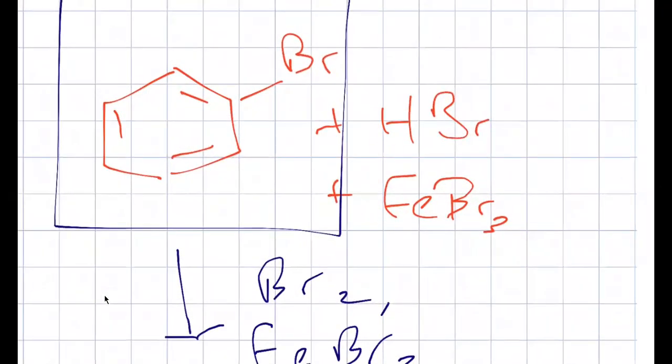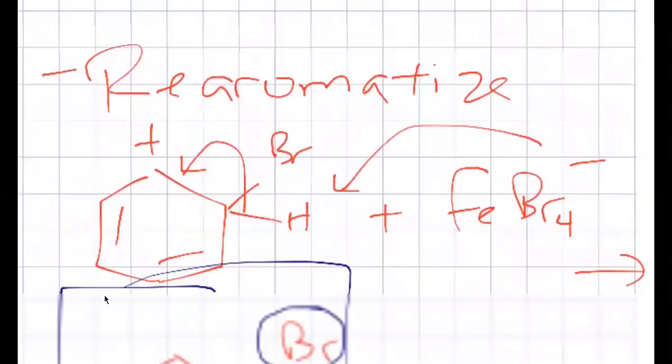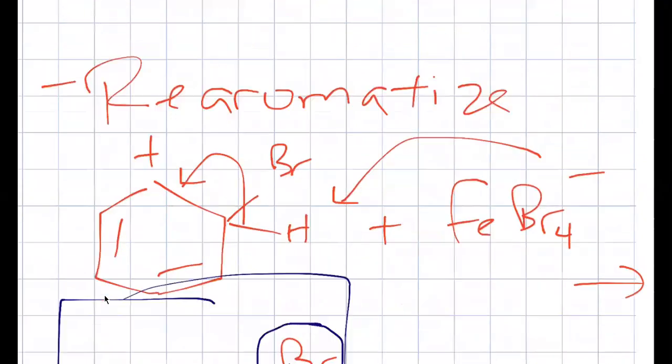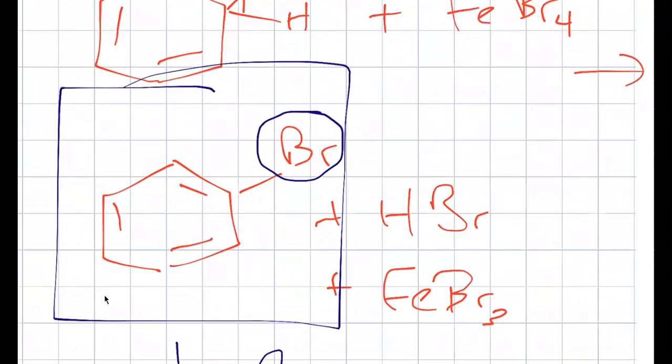Is it substituted with a donor or an acceptor? Bromine is an acceptor. Actually, bromine is a donor, right? It's because it has those lone pairs around it.